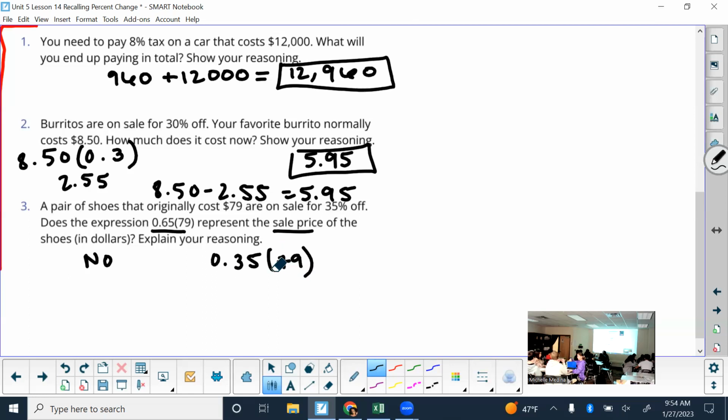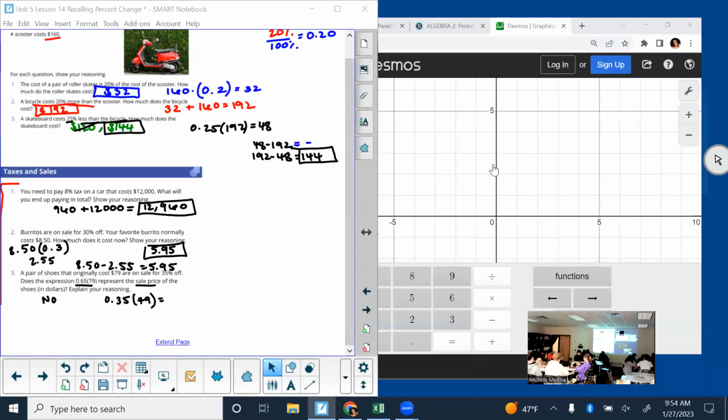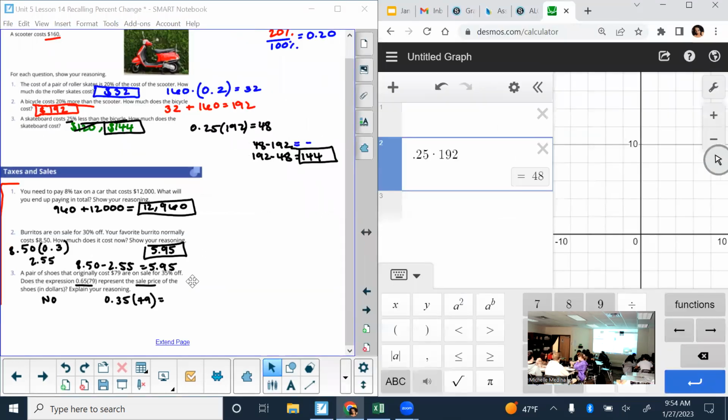Okay, so if the 0.35 times 79 doesn't give me the sale price, what does it give me? You think the 0.35 times 79 gives you the price of the shoes?